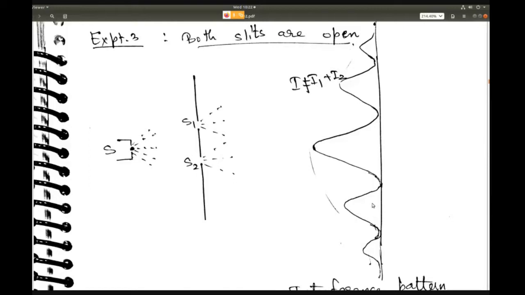So we have to try and understand what it is. If it is showing interference pattern, then obviously I is not equal to I1 plus I2, but I is equal to I1 plus I2 plus that extra oscillating term, right? So in that case, obviously the intensities don't add up, but what adds up are the wave functions.